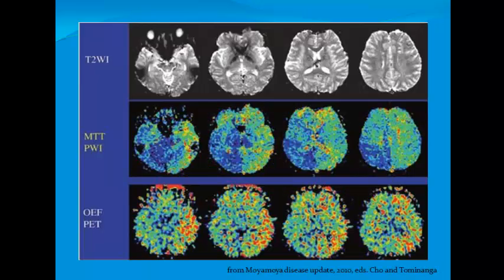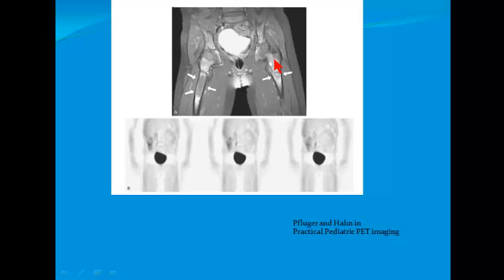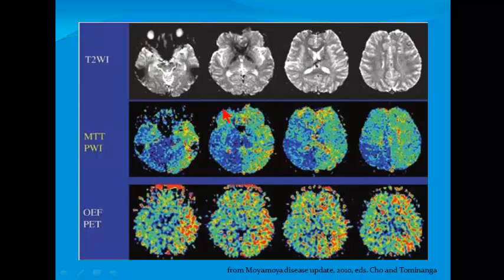And here's an example of a patient who has a T2 weighted MRI image showing no significant lesion. I'm just going to go back. However, the mean transit time is increased throughout the whole of the left cerebral region, suggesting that there's collateral flow with reduced rate of blood flow.